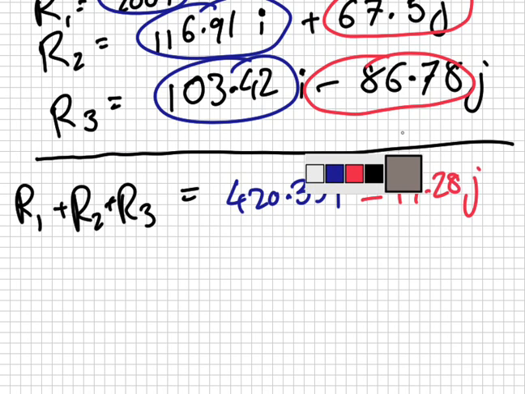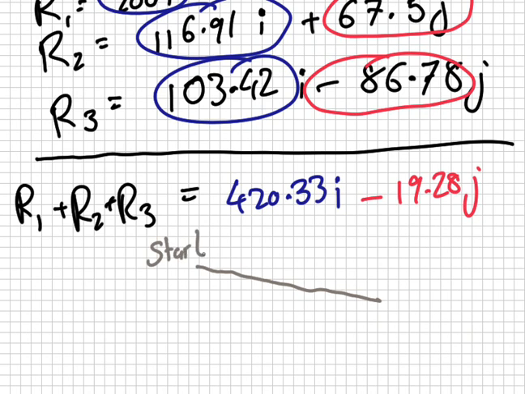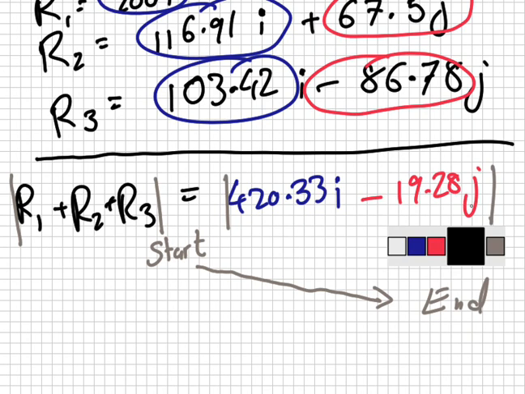So if I just draw this vector here again, you're saying that the roller coaster, if it starts here, then it ends here. The displacement is this distance here. So that means we want the magnitude. Magnitude is the length, how big, okay?